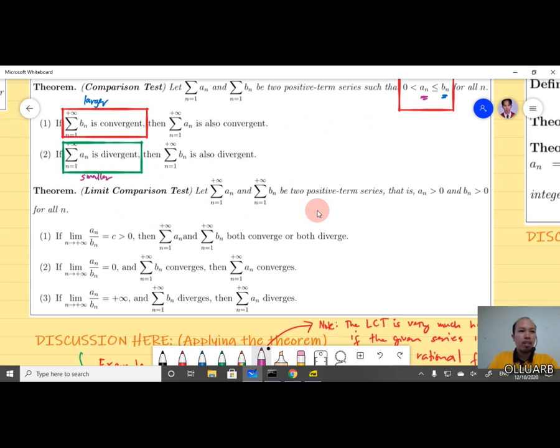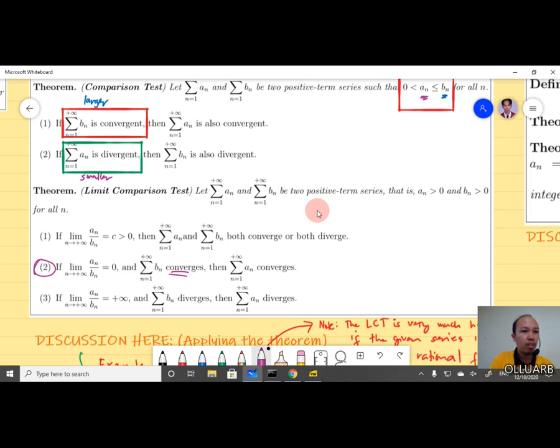Okay, so we are in this case. If your limit of the quotient a sub n over b sub n is 0, we should choose our b sub n to be a convergent series, because if you choose a series which is divergent, then you cannot use this theorem.